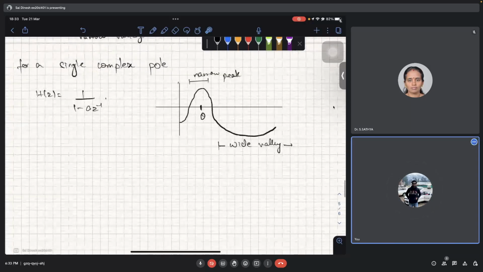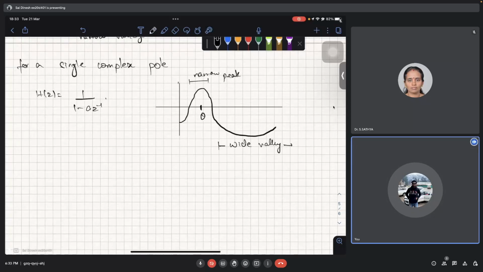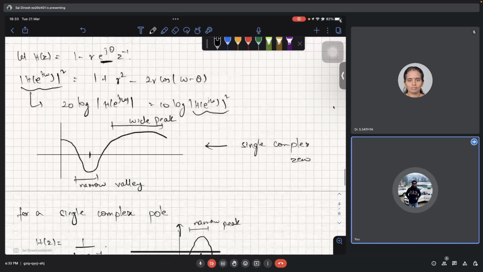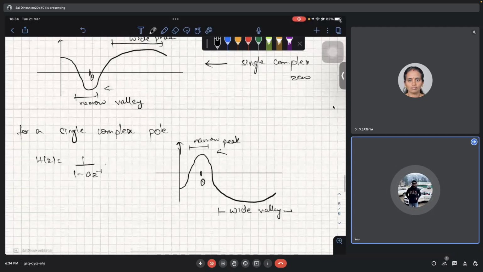So then we recall the poles near the unit circle. We see that this pole produced a peak, and then the zero at the angle theta produced the valley, which is an attenuation, and then again here it produced a peak, right?